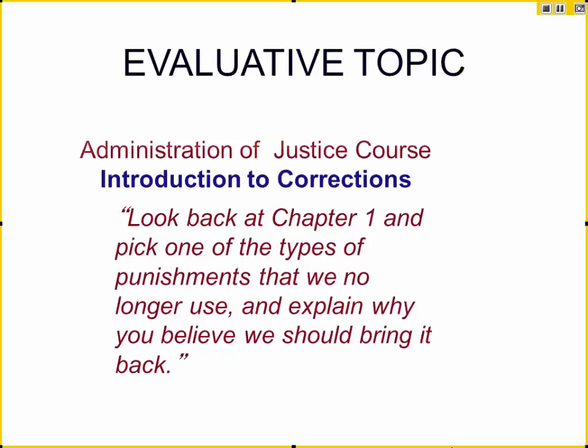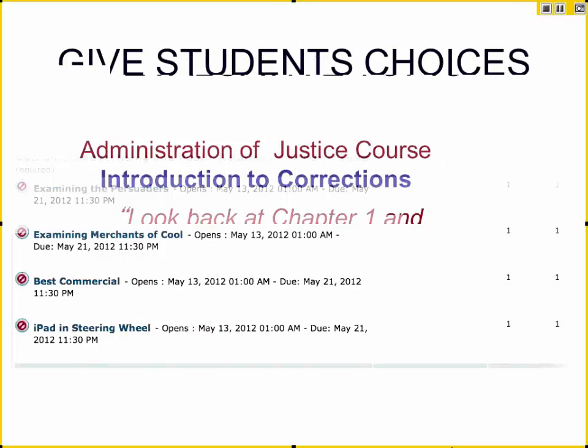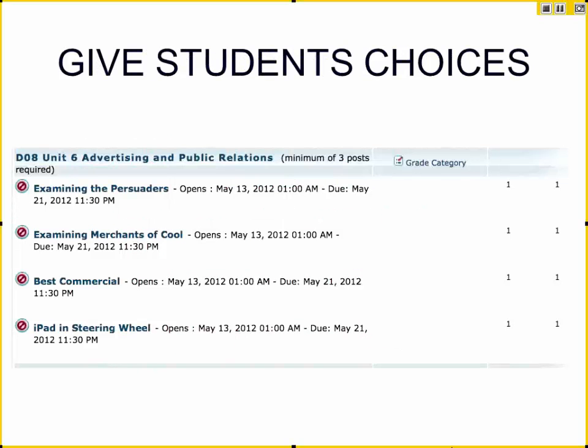Give students choices. One of my sociology friends did this all the time. She would basically have, okay, in this, we've got several options, pick the one you want to do. It allows students to guide their learning, and once they guide that learning, they're a little more committed to it. My favorite example is my daughter went to a small college. Anybody teach English?